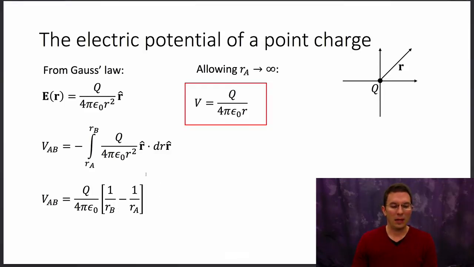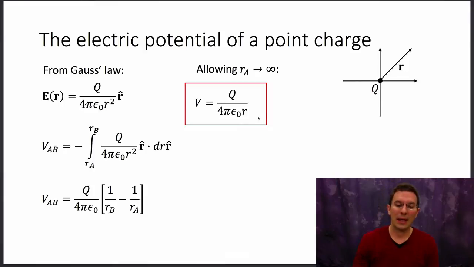And if we're concerned with the case of the radial distance of A tending to infinity, we end up with this expression. In other words, if we allow the A point essentially to be pushed out to infinity, we get an expression for the electric scalar potential of a point charge located at the origin right here.